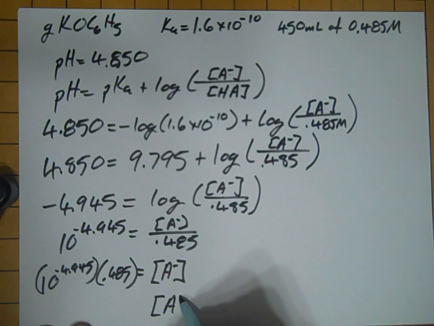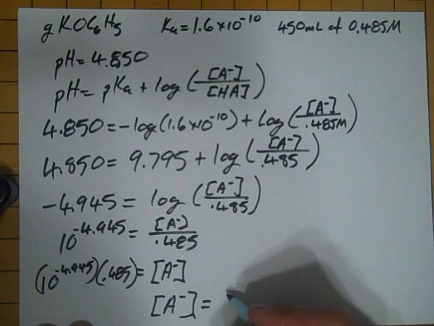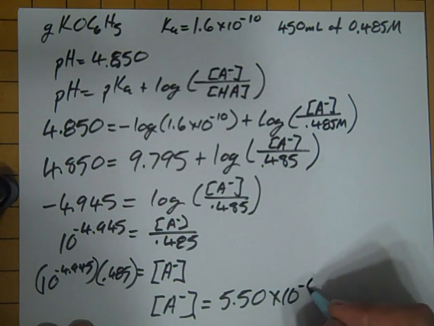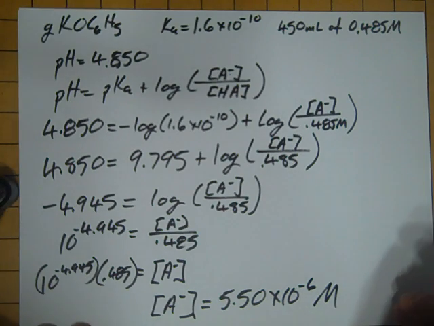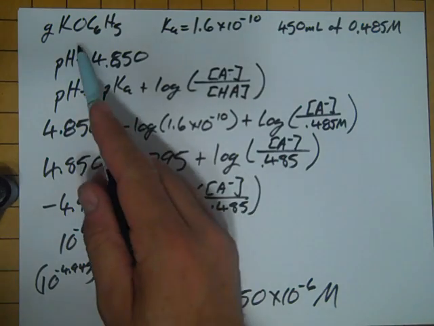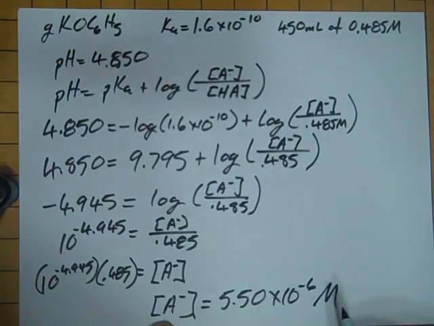And I find out that the concentration of A minus, in this case, equals 5.50 times 10 to the minus 6 moles per liter. Okay, great. Now I know this number. This concentration is going to be the same concentration of this potassium phenol that I have to put into the beaker.